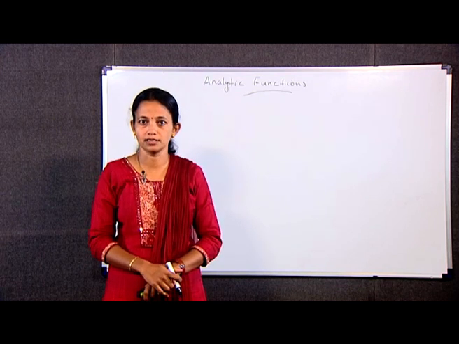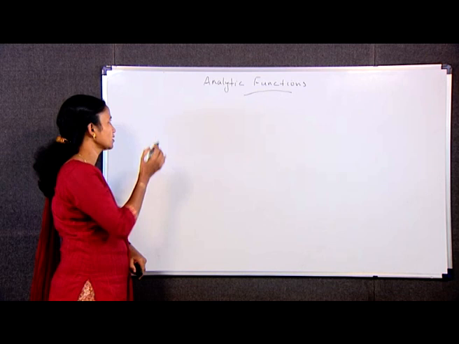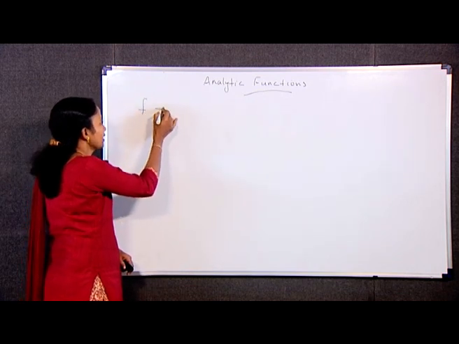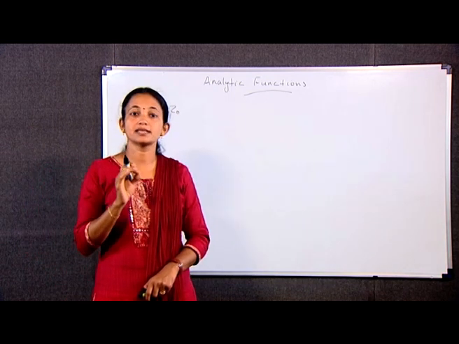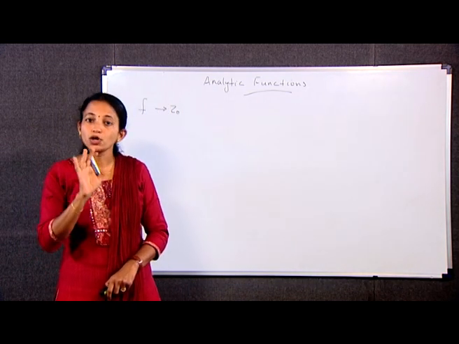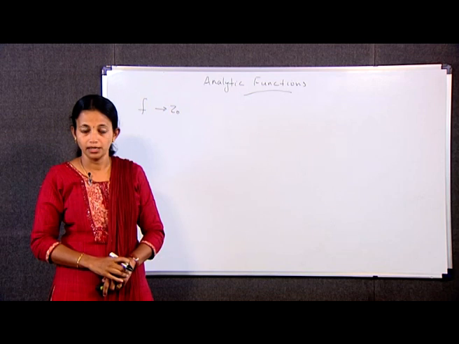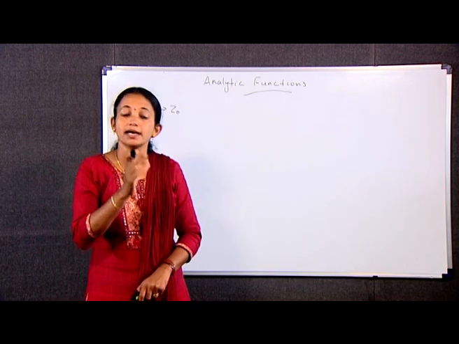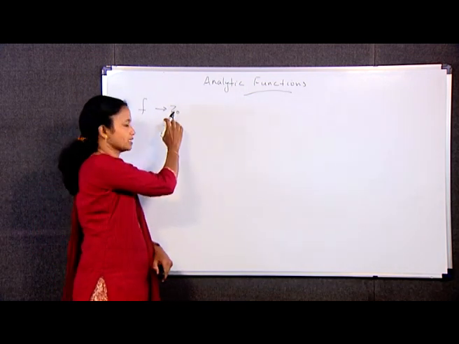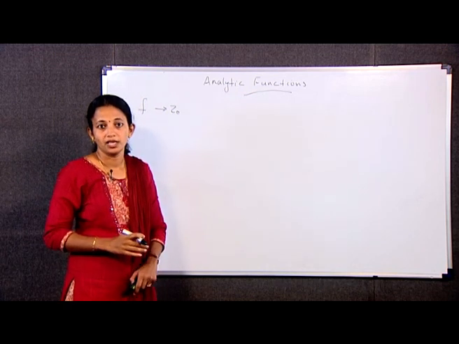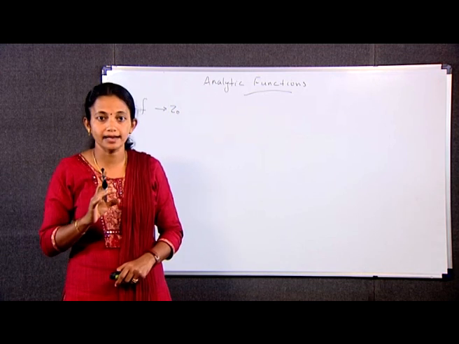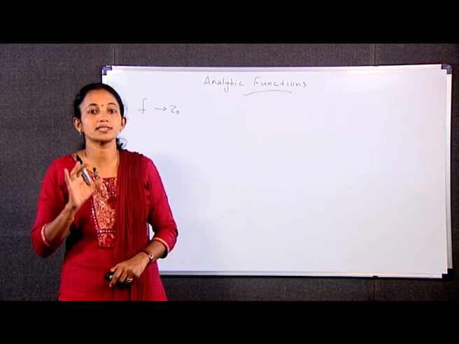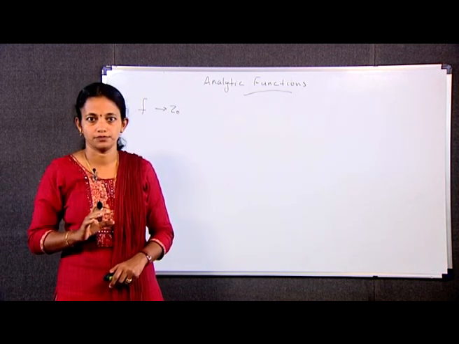In other words, f is analytic at z0 if its derivative exists not only at z0 but also at each point z in some neighborhood of z0. If f is analytic at a point z0, it must be analytic at each point in some neighborhood of z0.